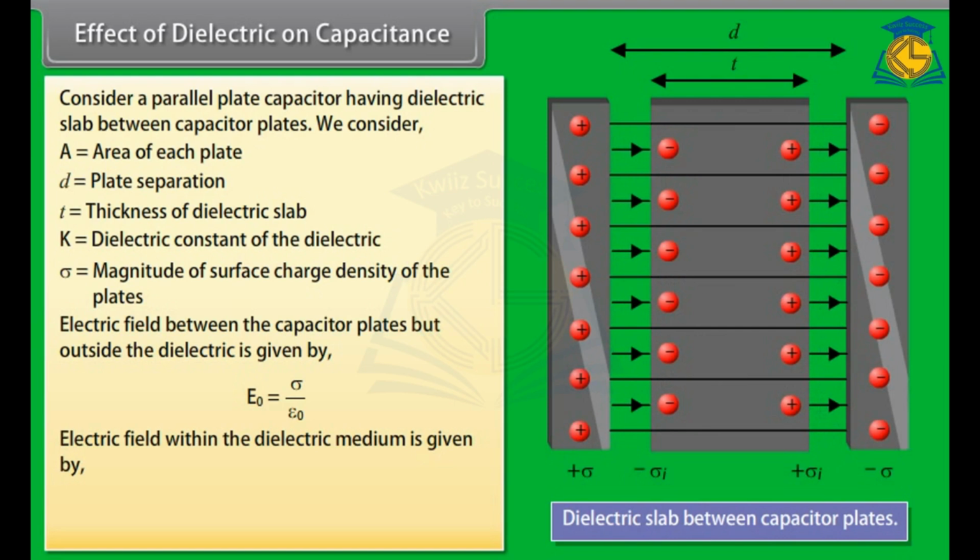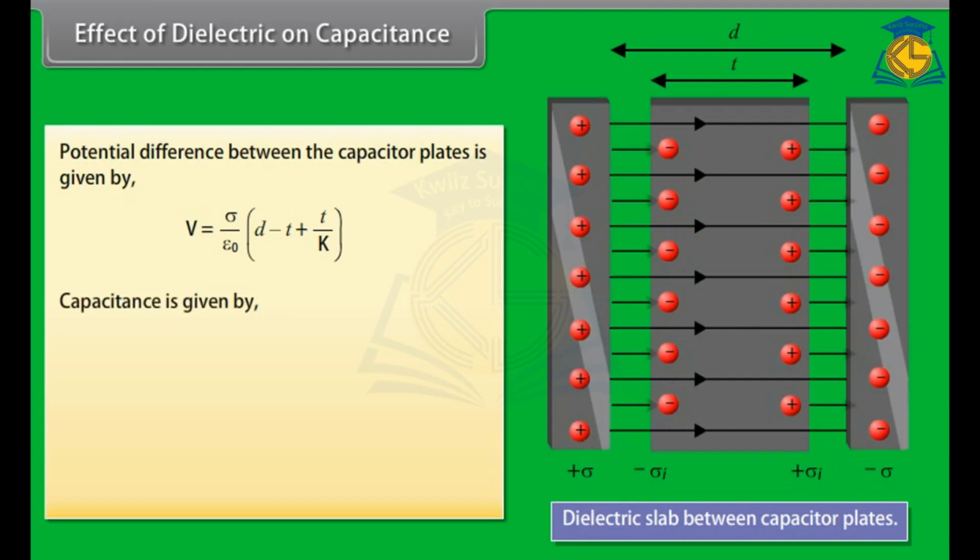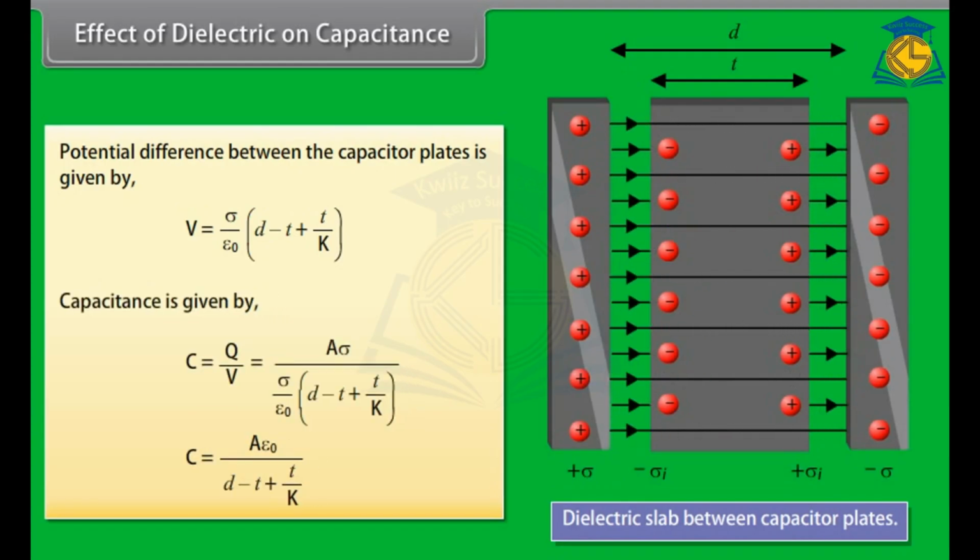Electric field within the dielectric medium is given by E is equal to sigma upon product of epsilon naught and K. Potential difference between the capacitor plates is given by V is equal to sigma upon epsilon naught multiplied by D minus T plus T upon K. Capacitance is given by C is equal to A epsilon naught divided by D minus T plus T upon K.